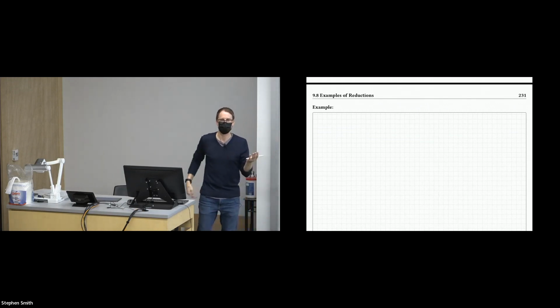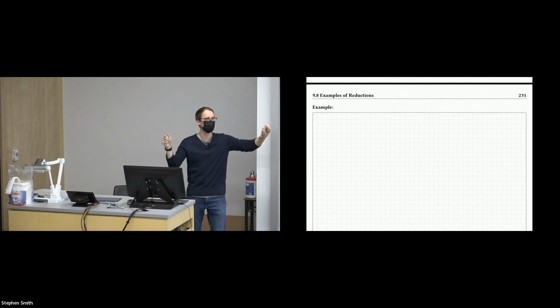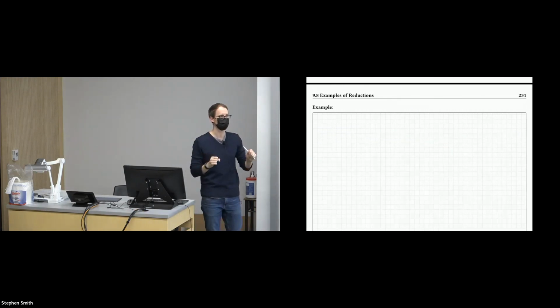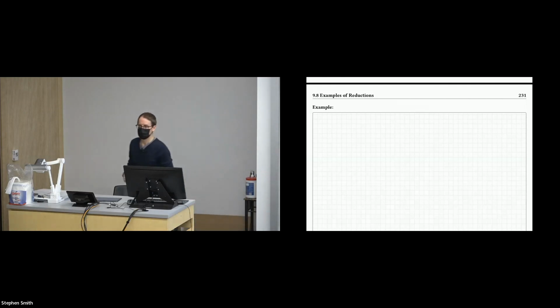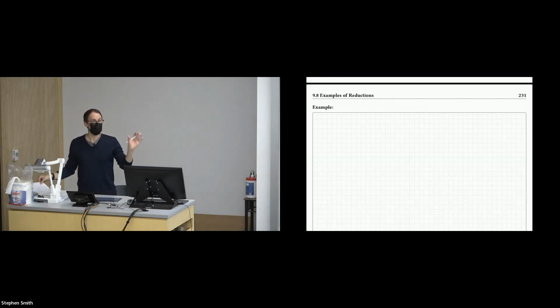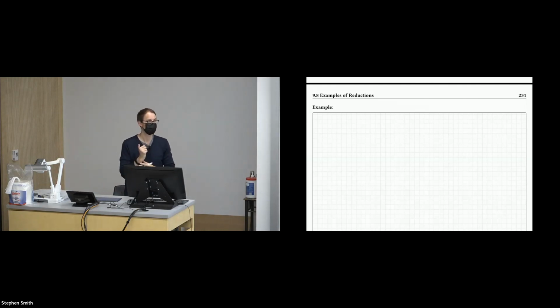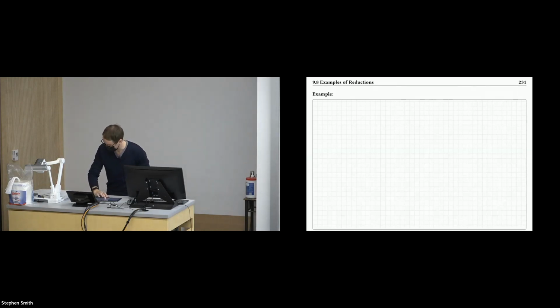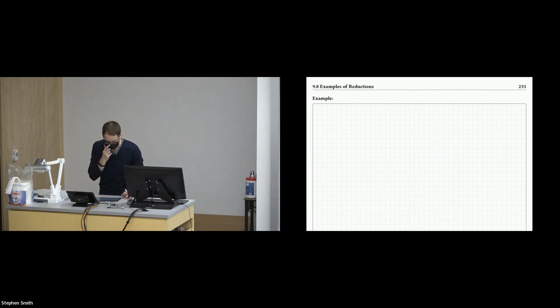Somehow you're trying to control all the flow of the Hamiltonian cycles so that they only traverse gadgets as you want them to. But it kind of shows how you can use this idea of reduction to relate very different problems. And that's really all I wanted to emphasize in this.